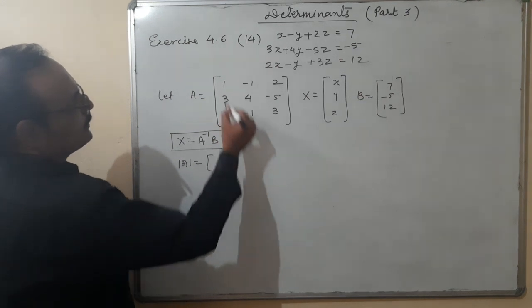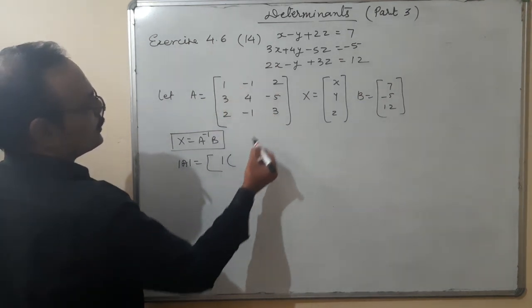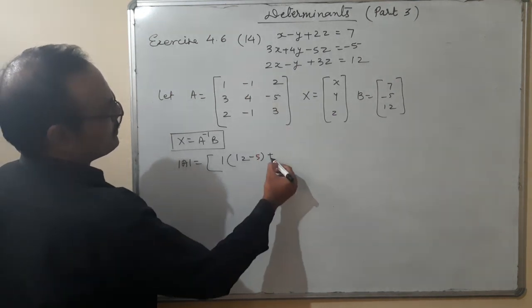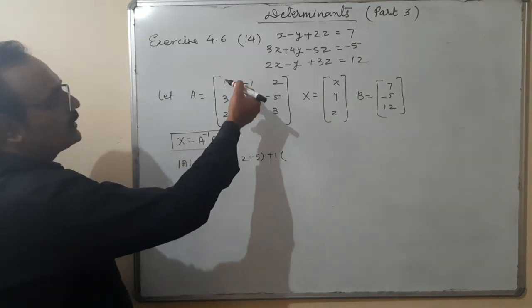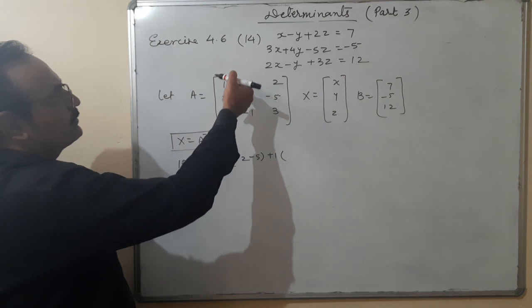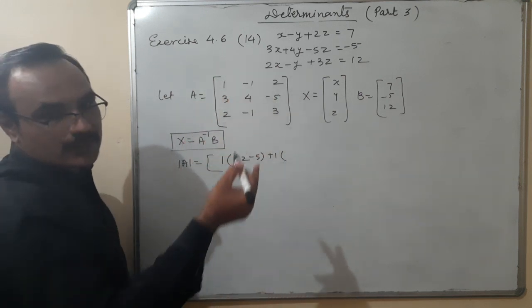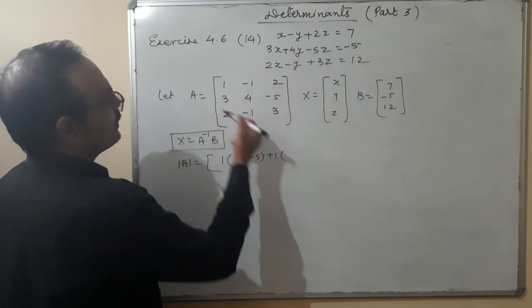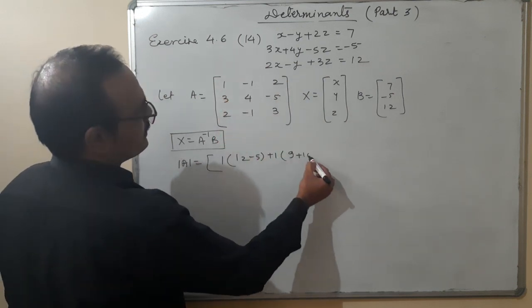Taking 1, leaving this column and row: 4 3 are 12, minus 5, that is 7. Then plus 1, because this is first row, second column, 1 plus 2 is 3, so this minus becomes plus 1, leaving this column and row: 9 plus 10, 19.